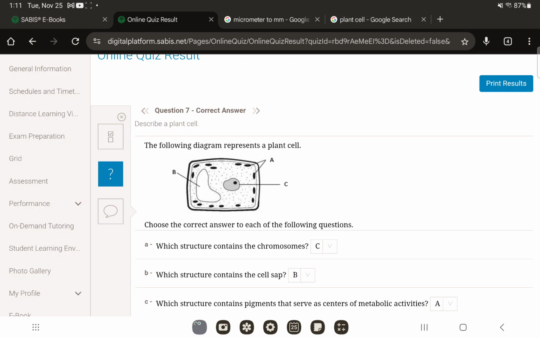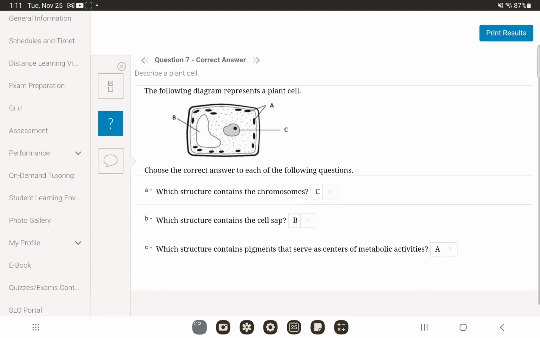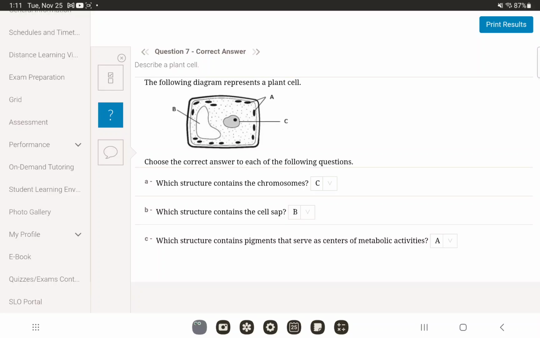So sap, food, water. So yeah. Which structure contains pigments that serve as centers of metabolic activities?